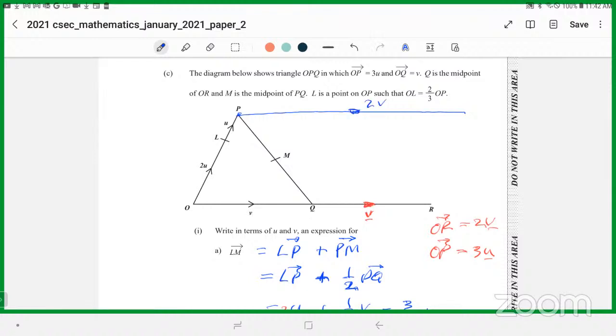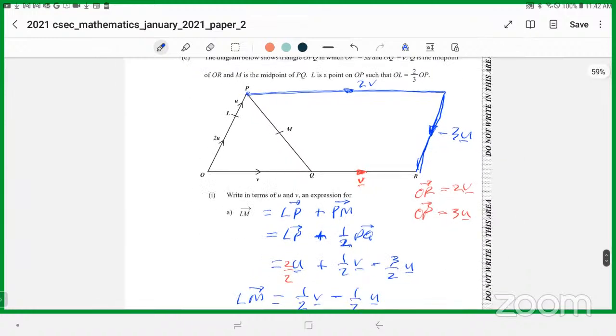And then minus 3U is the same length as this. I'm putting it over here now, but they're coming down this way. So there. Same result. Minus 3U. So the answer is correct. 2V this way first and then minus 3U. This is minus because I'm going in the opposite direction to that. All right. So the diagram is correct. The diagram shows me that I'm correct.